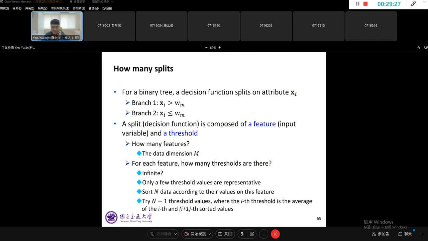So this is the way we construct a decision node. Once we know how to construct a decision node, the process is repeated recursively until the process is terminated because we reach a leaf node. Okay, so we can realize how to construct a decision tree.